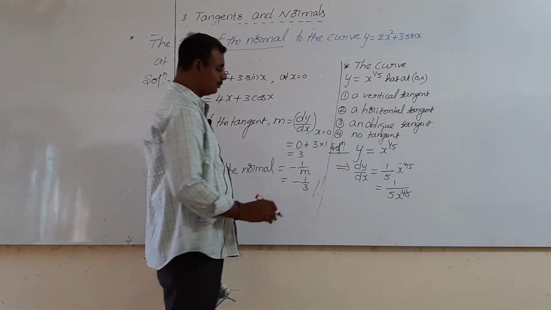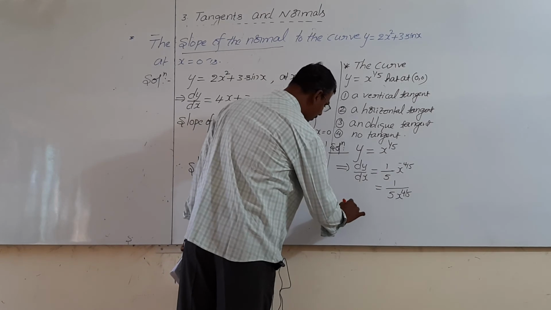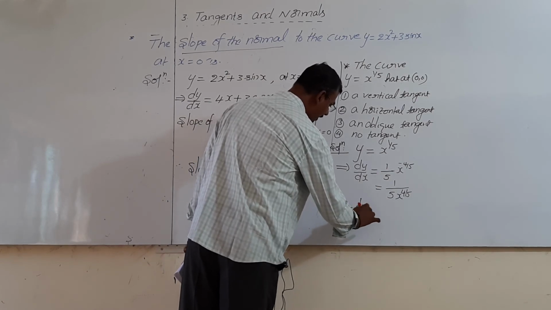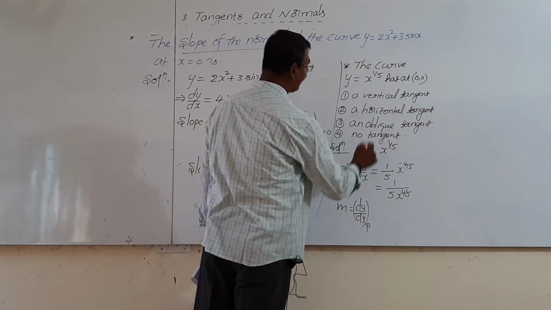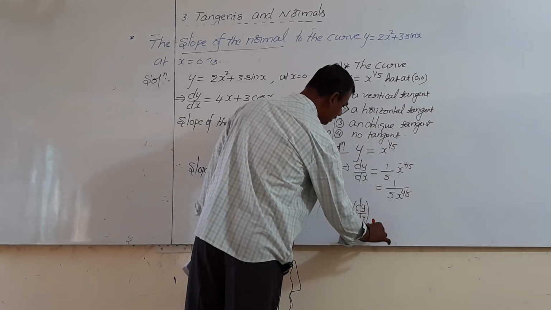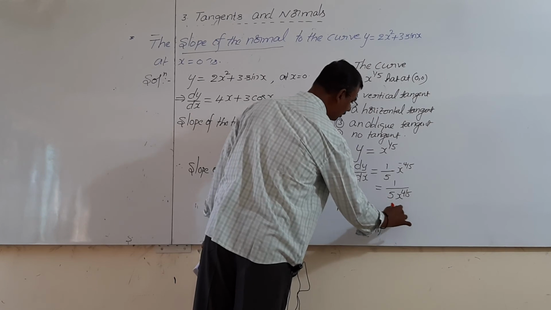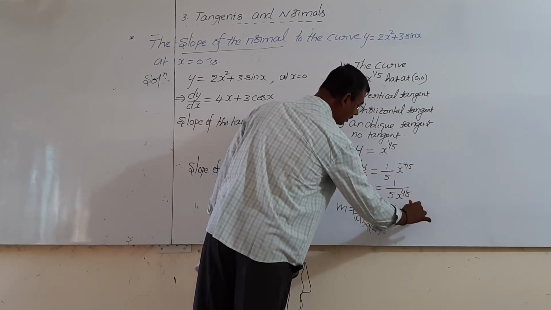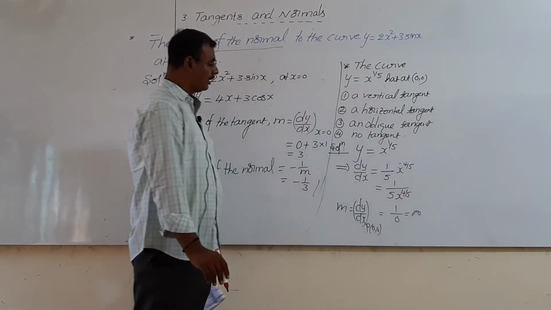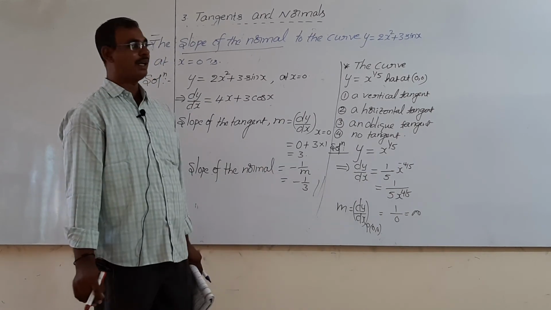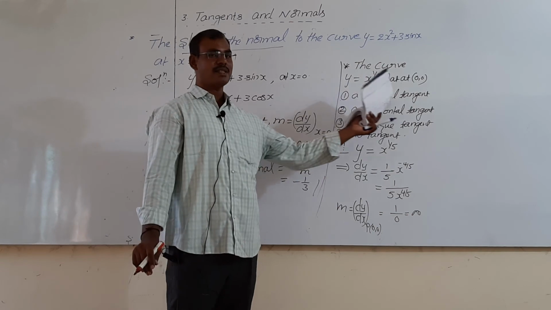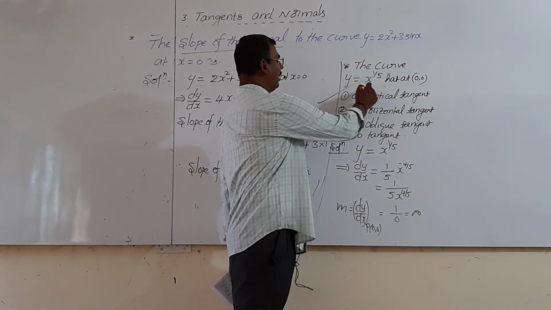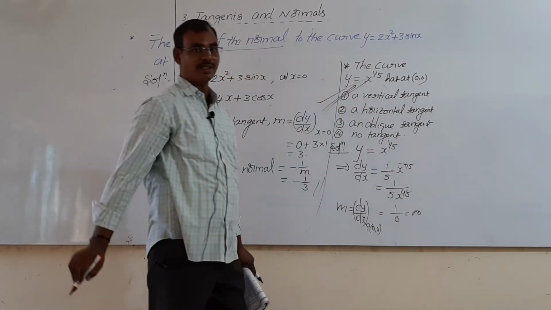Now find the slope. Slope m is equal to dy by dx at which point? At (0, 0). Substitute that, 1 upon 0. This will be undefined. That means if slope is undefined, the tangent is called a vertical tangent. This is our answer to the question.